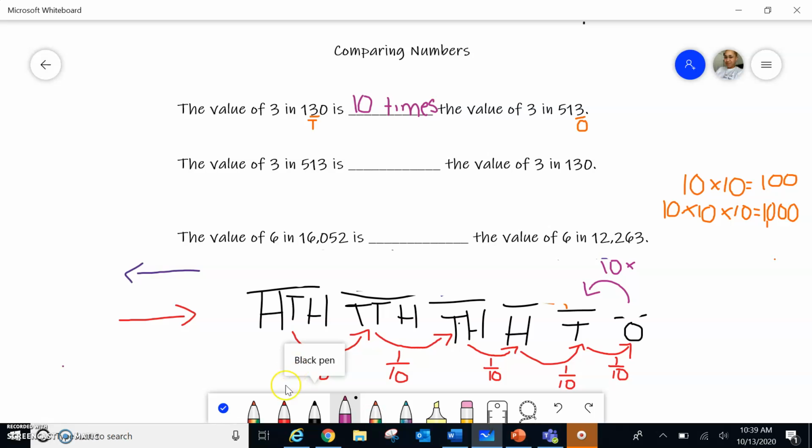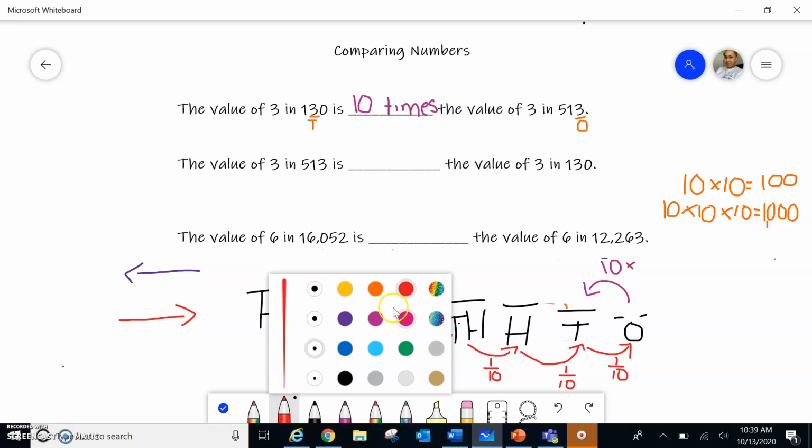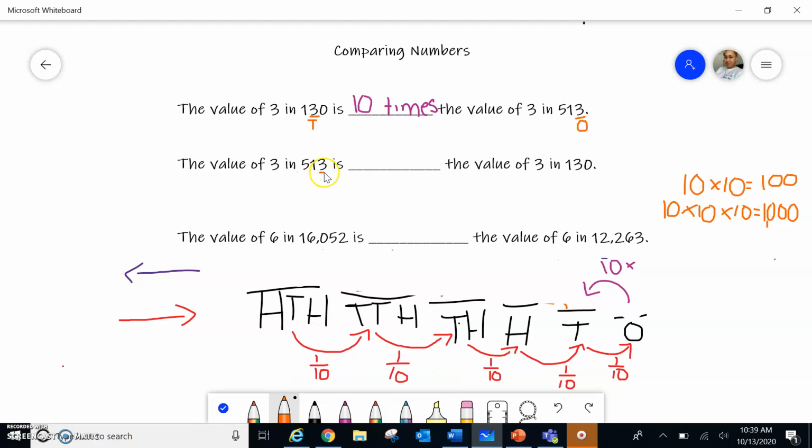All right, let's look at our next one. It says, the value of 3 in 513 is blank the value of 3 in 130. So now we're comparing the ones place to the tens place. So remember, when that place value is smaller, it is 1/10 less.